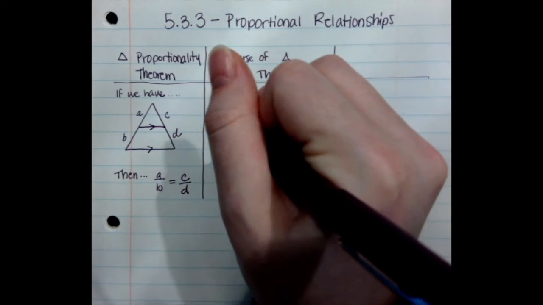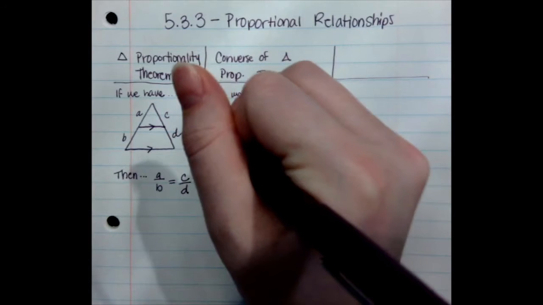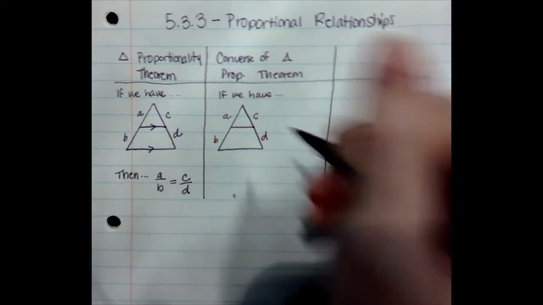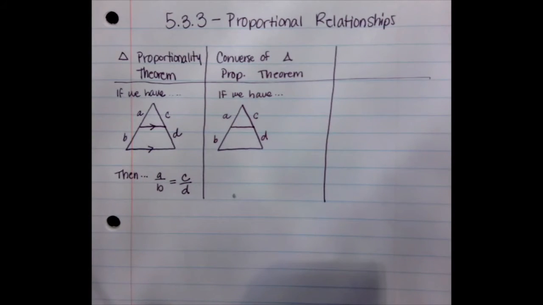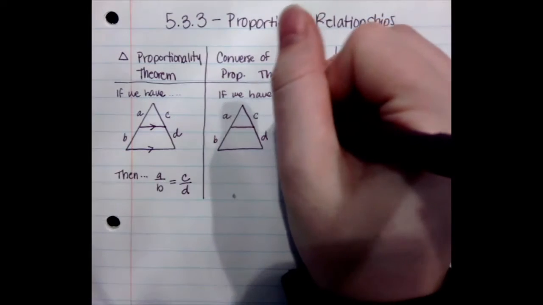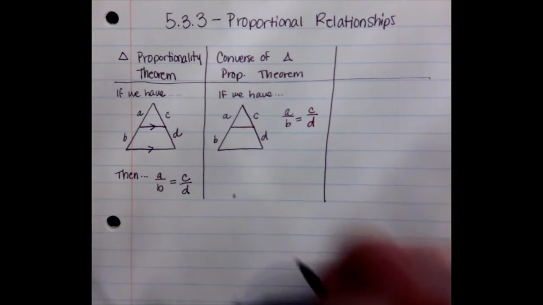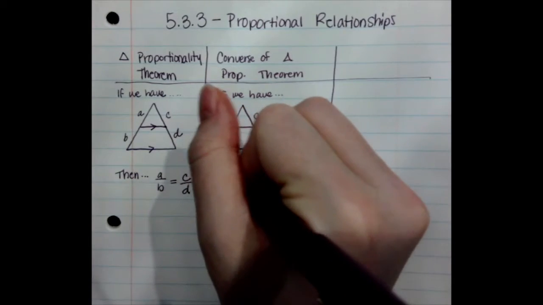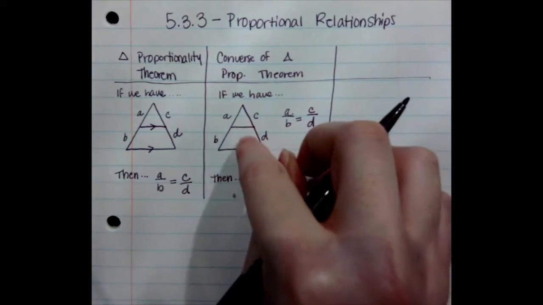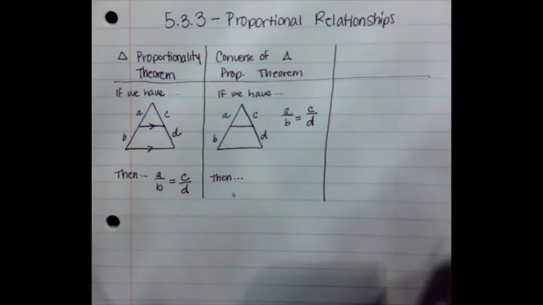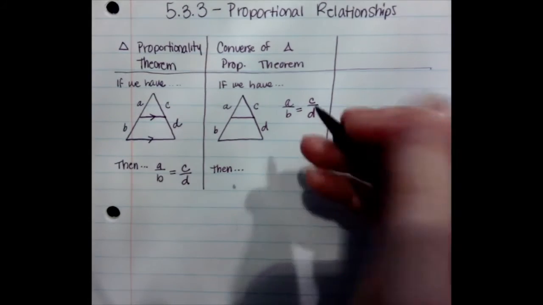We don't know that they're parallel yet. So if we have that picture and we know that they're proportional, so A over B equals C over D, then we know that those sides are parallel, so pretty much the exact opposite of the triangle proportionality.